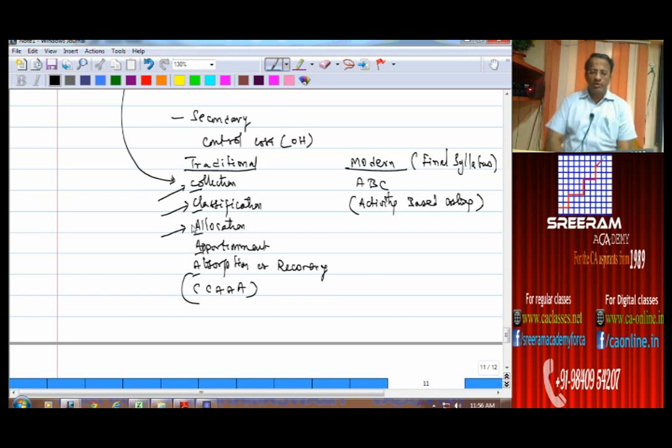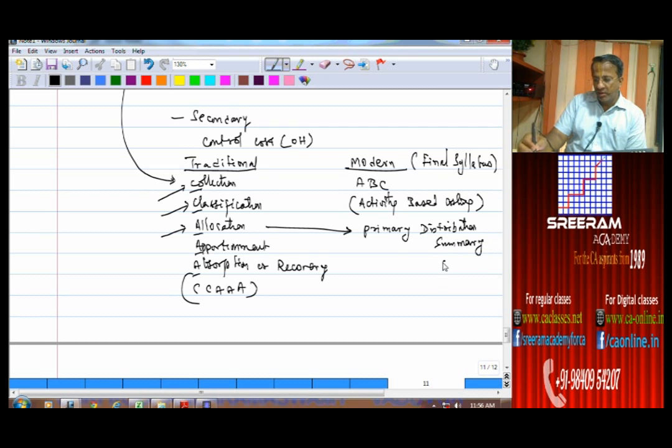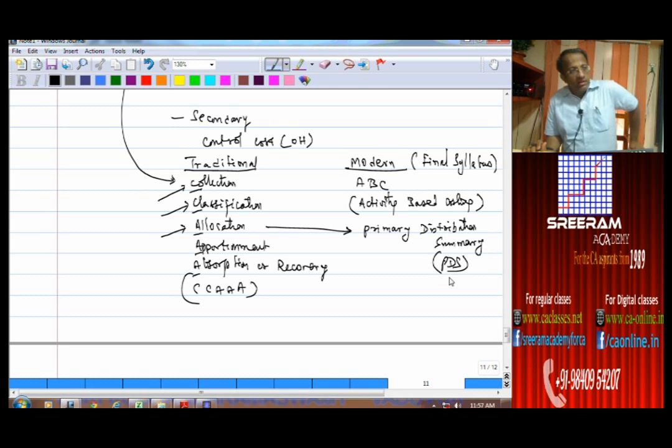That is what we will be doing in the case of allocation, and this sort of allocation we will technically call the primary distribution summary, popularly known as PDS. Whatever allocation we are talking about, we will put it out as the primary distribution summary.